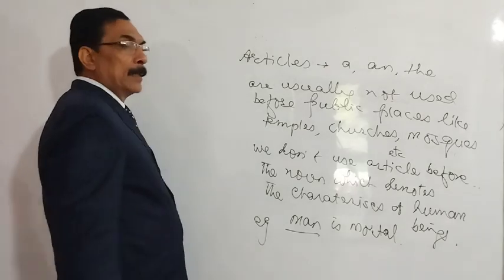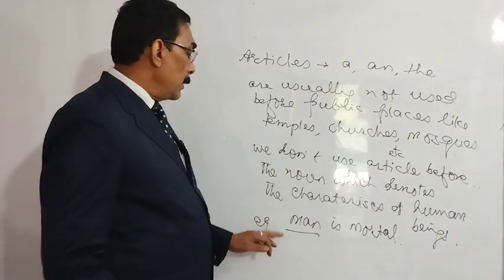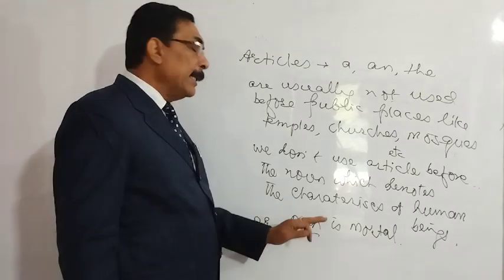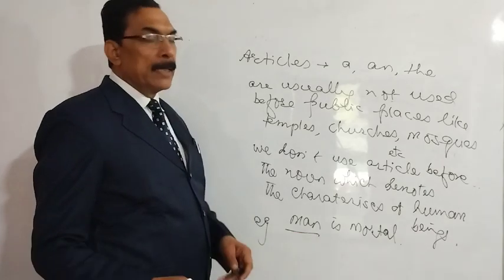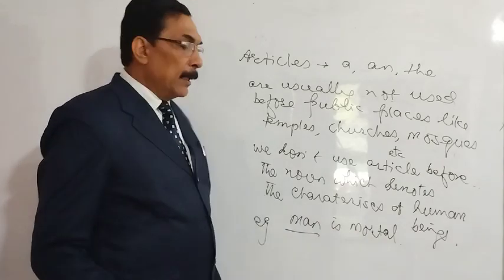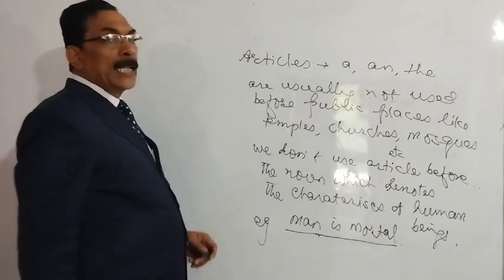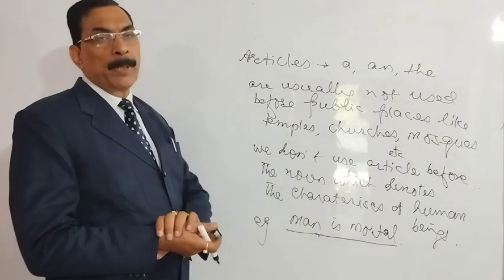Man is a singular countable noun, and normally we use it like "a man is coming." But the sentence "man is mortal" means human beings. Here women are also included. So this is an expression that makes it clear that it shows the characteristics of all human beings.